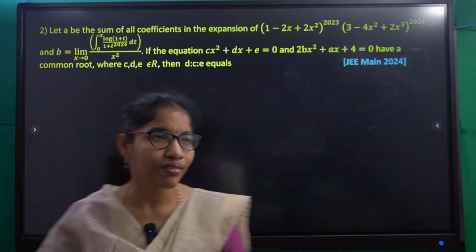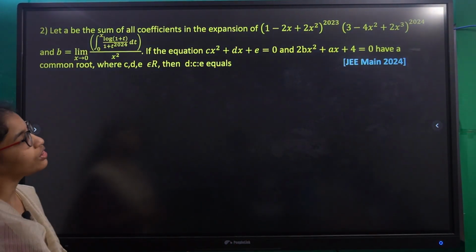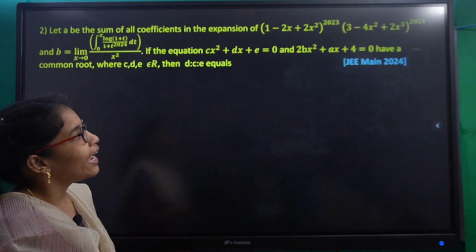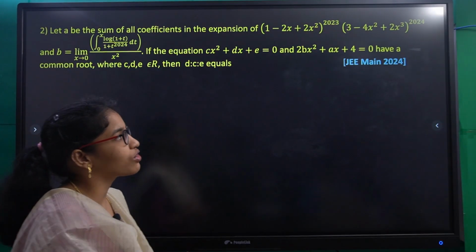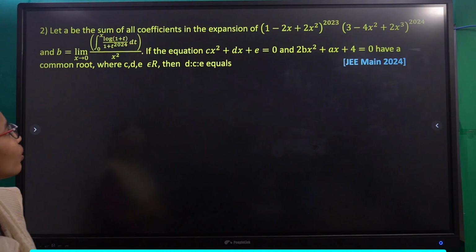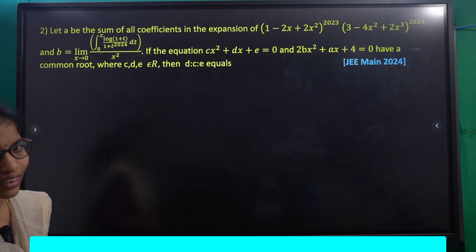Let A be the sum of all the coefficients of the expansions of (1 minus 2x plus 2x square) whole power 2023 and (3 minus 4x square plus 2x cube) whole power 2024, and B is limit x tends to 0, integral 0 to x of (log(1 plus t) by (1 plus t)) power 2024 dt, by x square.